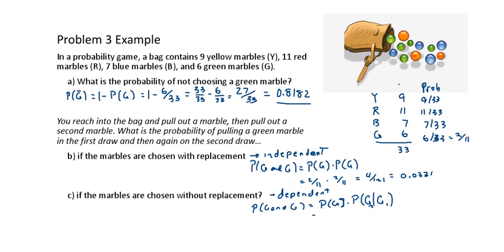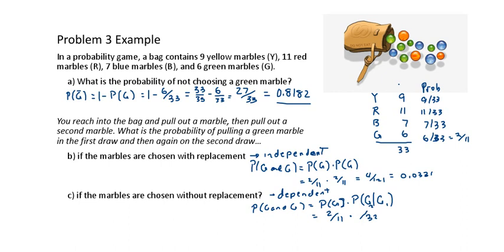How? Well, in the first case, the probability that we get a green, we already know. We've got a 2 out of 11 chance of pulling a green marble from that bag. But now we've removed one marble. How many are left? If we remove one marble, that means we've got 32 marbles.